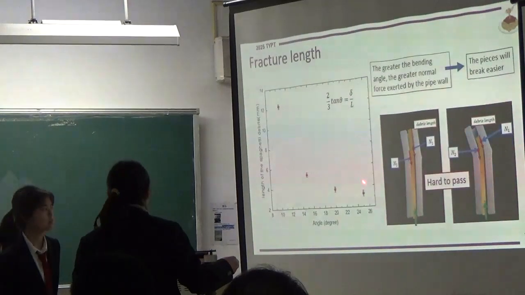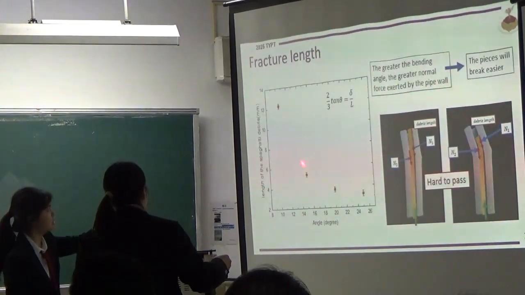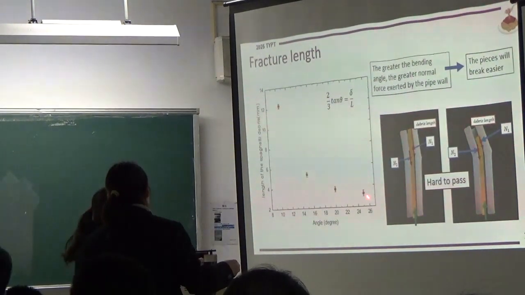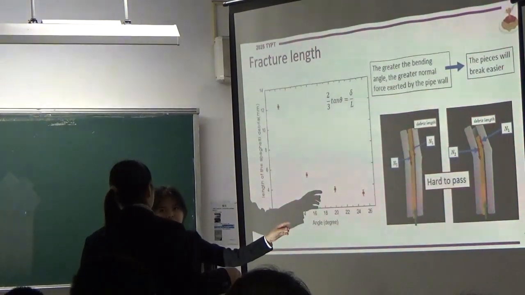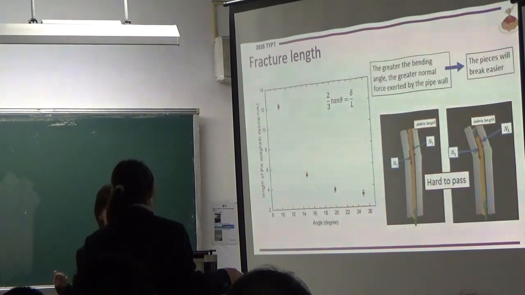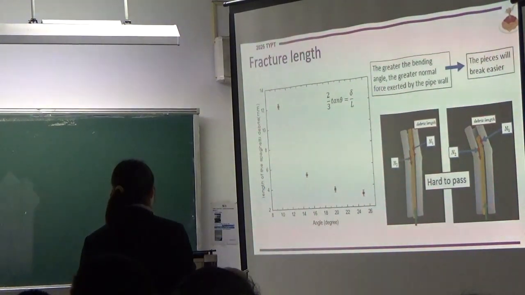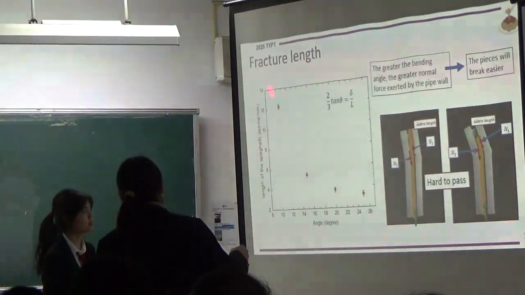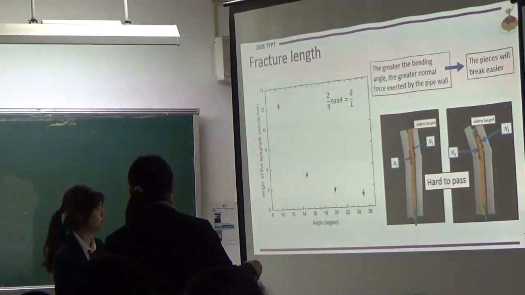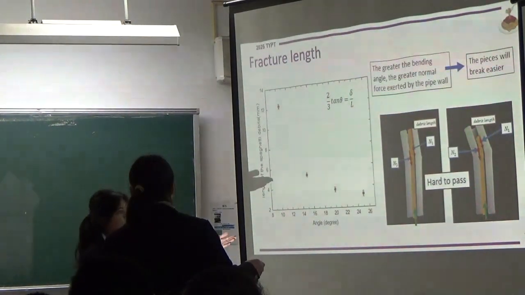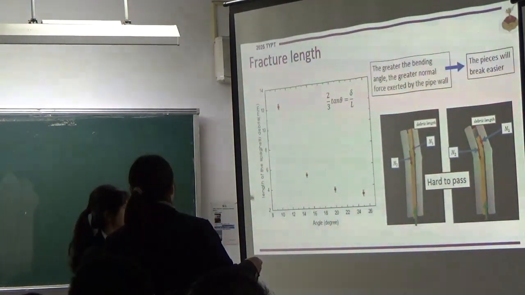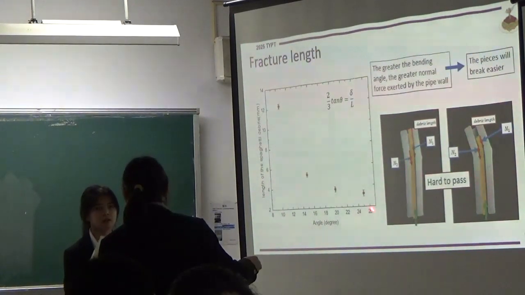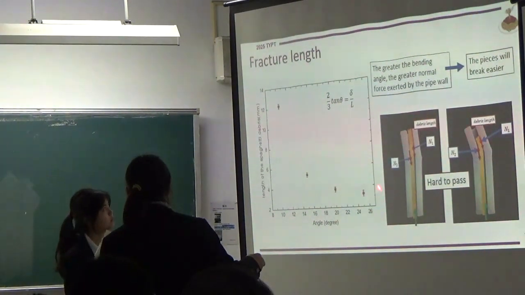How many percent is it? It's very small, because we already mentioned it in our calculation of fracture length. Can I see any relationship between the dots? Yes, when the angle of the tube decreases. Is there any formula to fit this kind of condition?